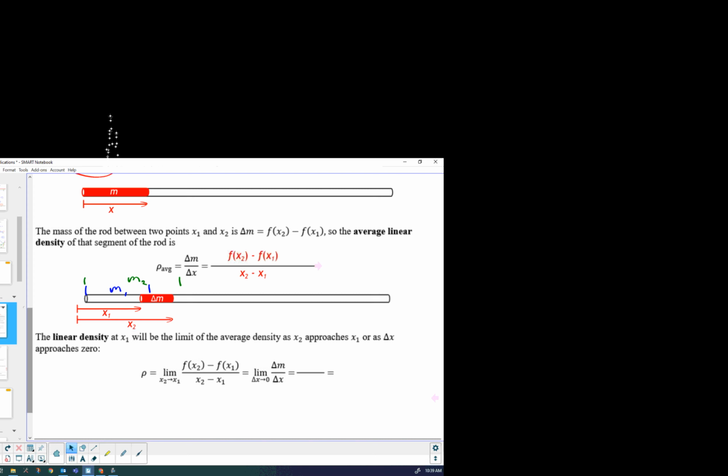If I tried to balance it by holding it up on my finger right in the middle point, it wouldn't balance because the density is not the same on both sides. It changes as we go through the rod. So there are sections of the rod that are heavier than other sections of the same size.